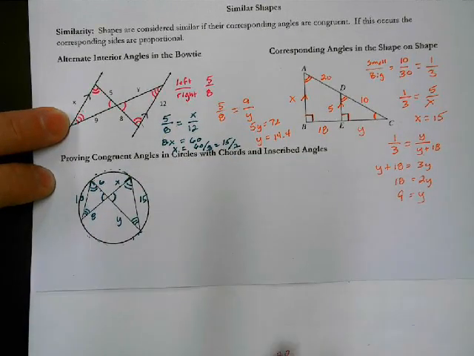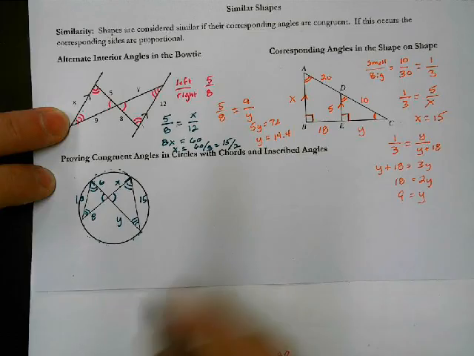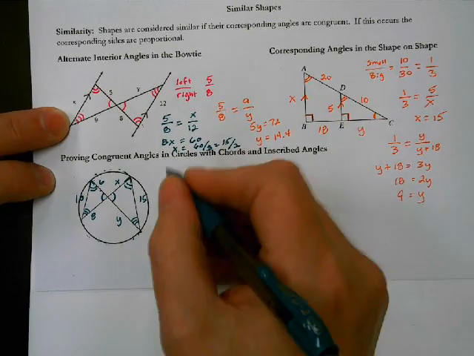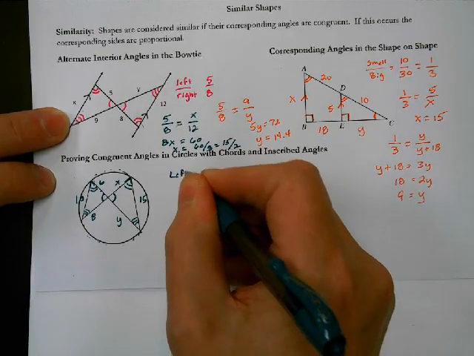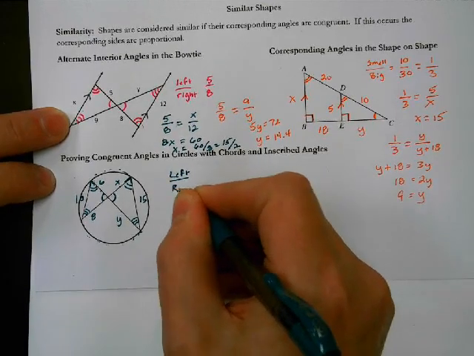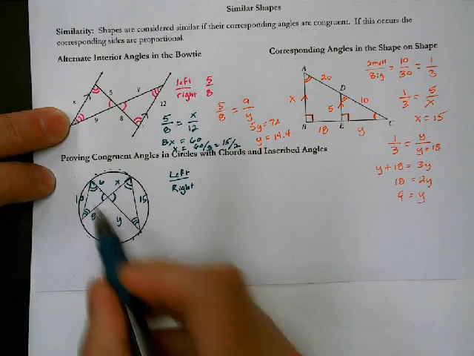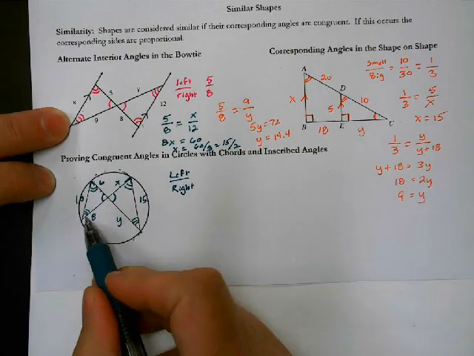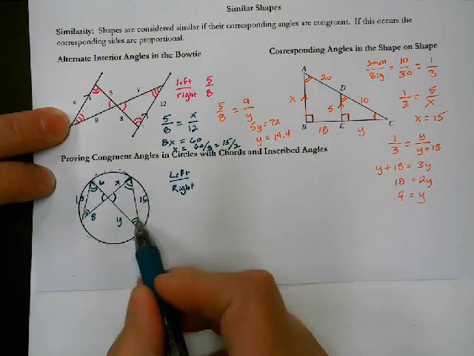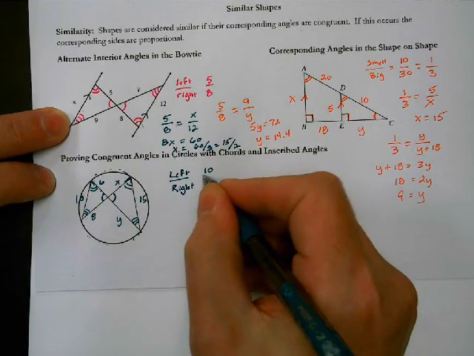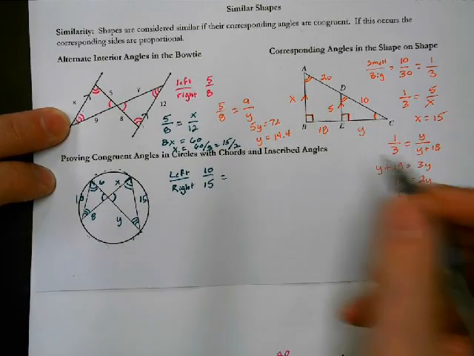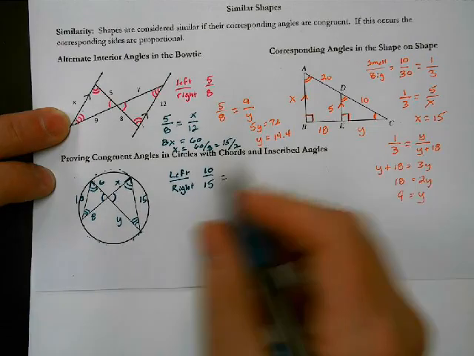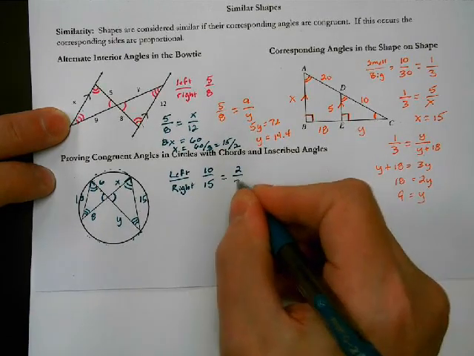So at this point, I would look for my scale factor. Let's do left compared to right. This side is between 2 and 3, and this side is between 2 and 3, so they correspond to each other. So 10 over 15. The scale factor, the proportion that these two are in, is 2/3, just reducing it by 5.